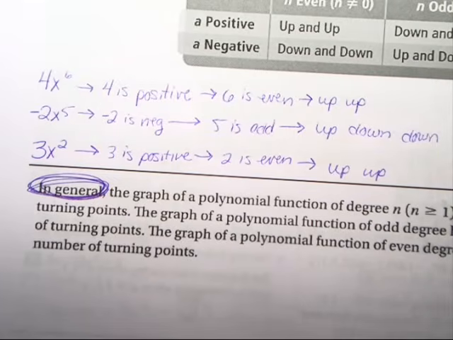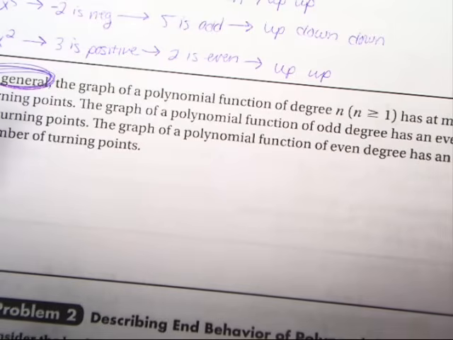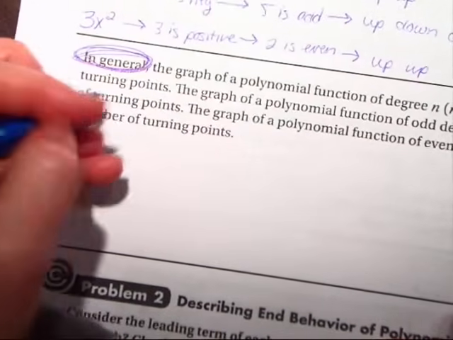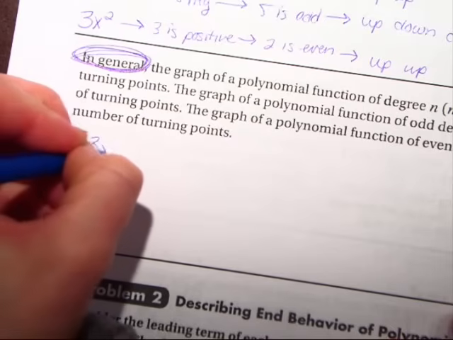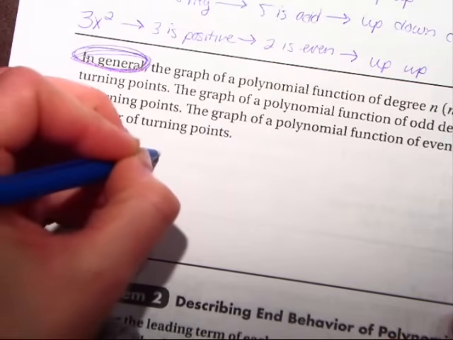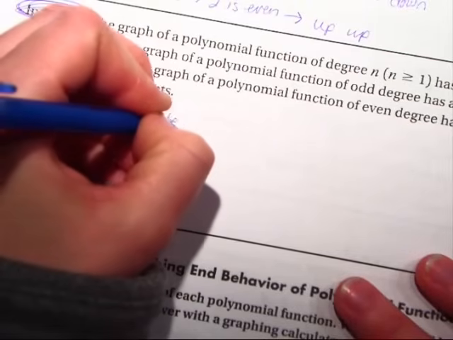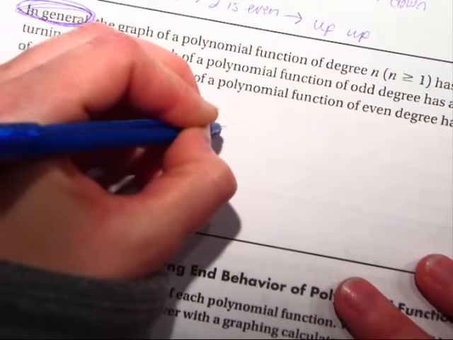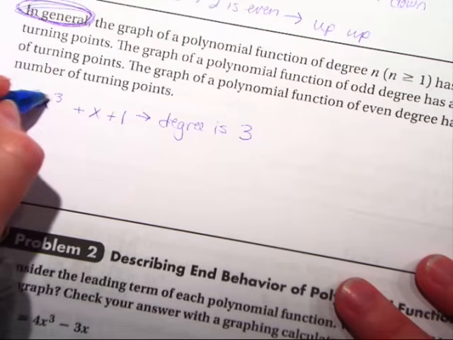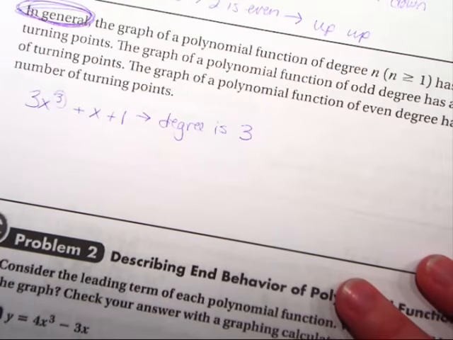In general, and that right there is a super important phrase, in general, the graph of a polynomial is going to take n minus 1 turns. So, here's your example of this paragraph. If you had 3x cubed plus x plus 1, you would tell me that the degree is 3 because of this exponent.